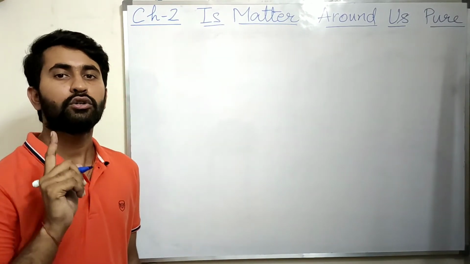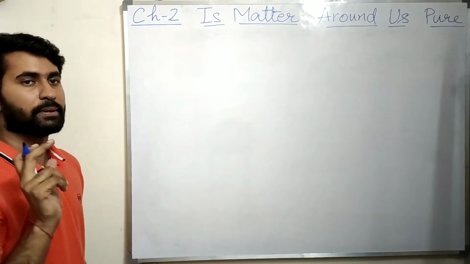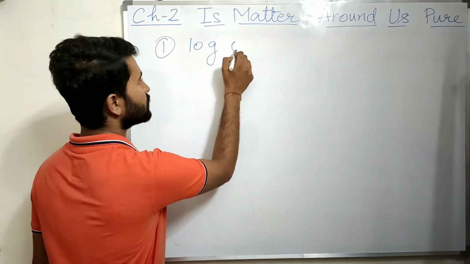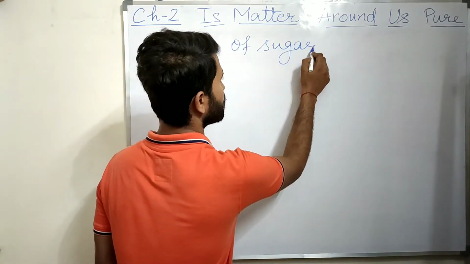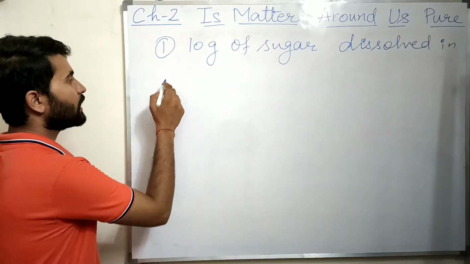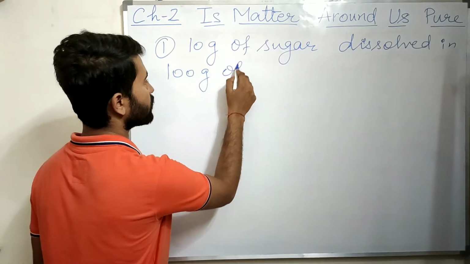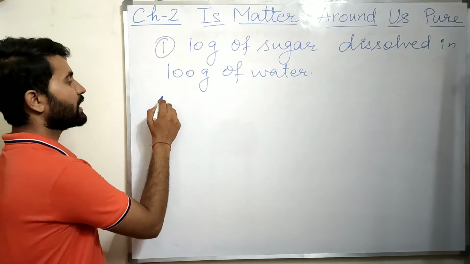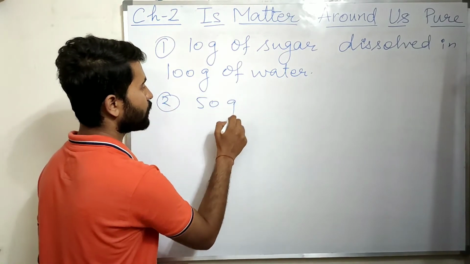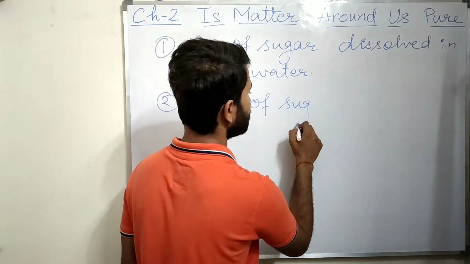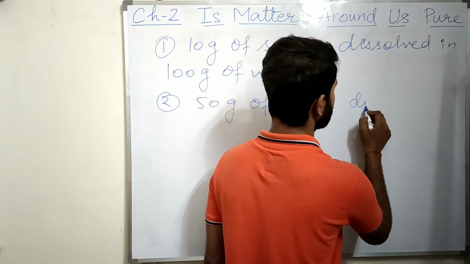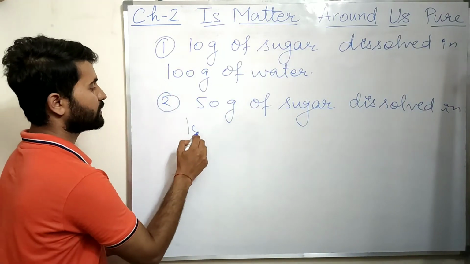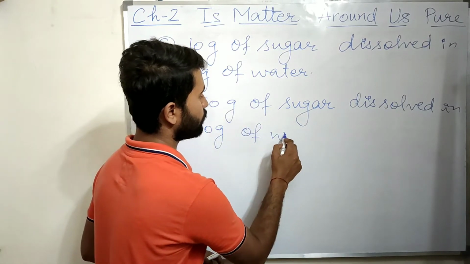Suppose we have two sugar solutions in different beakers. The first has 10 grams of sugar dissolved in 100 grams of water, and the second beaker has 50 grams of sugar dissolved in 100 grams of water.